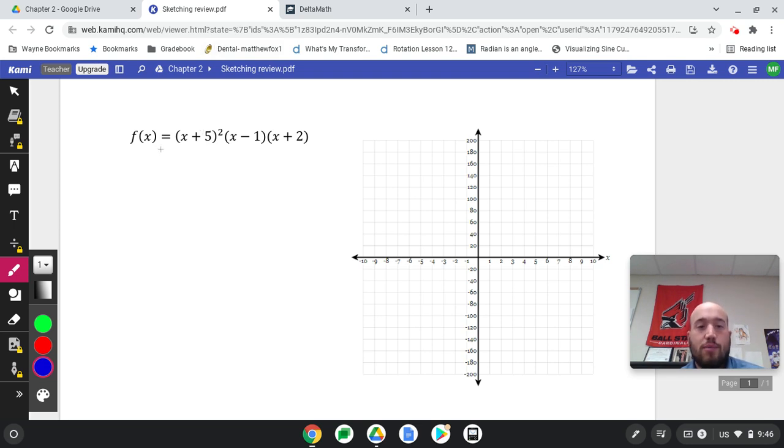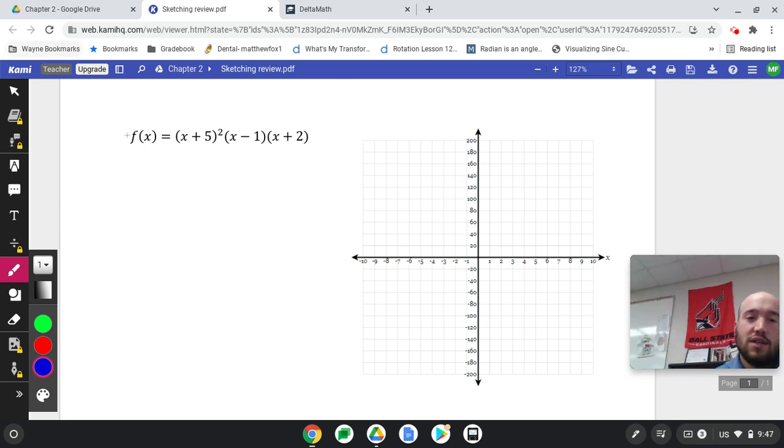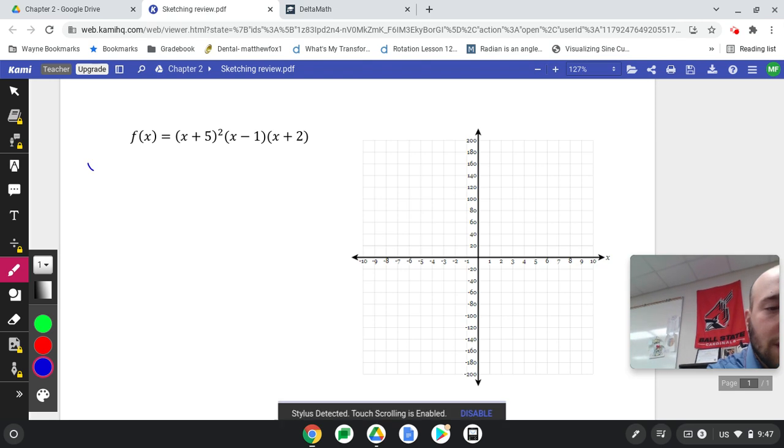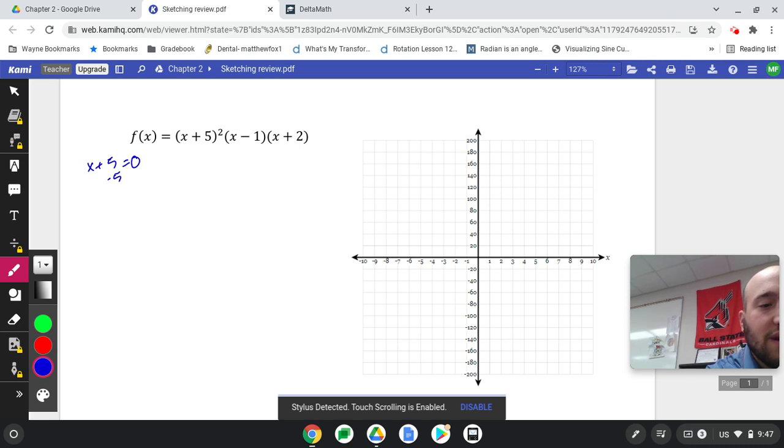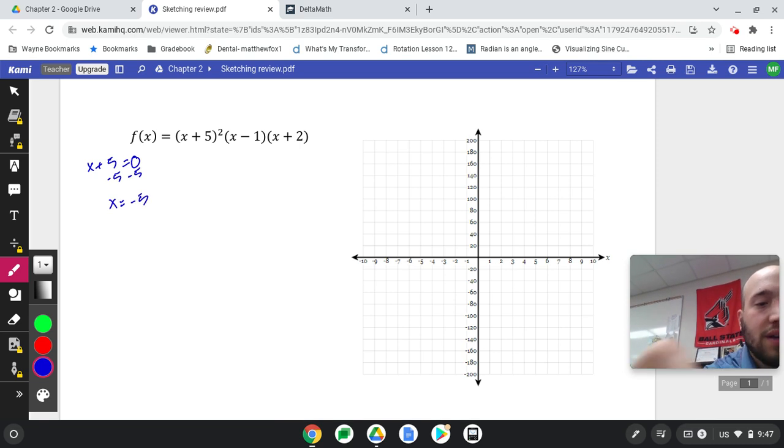So when we have one of these polynomials that we're trying to graph, remember the first thing we need to do is identify where our zeros are, also known as our x-intercepts. Okay, where it is going to cross the x-axis. So to do that, we take each of these chunks and set it equal to 0, so x plus 5 equal to 0, I'll subtract the 5, x equals negative 5, okay?